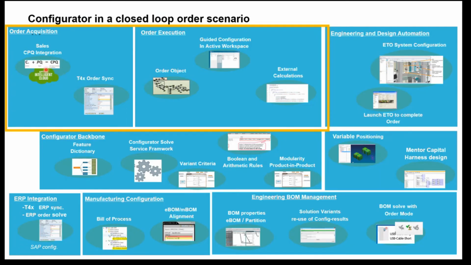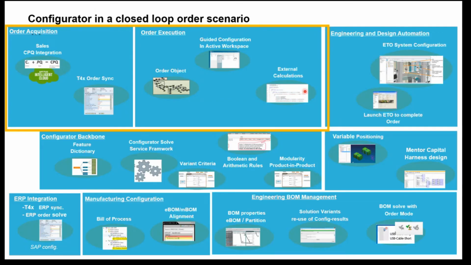CPQ is configure, price, quote system, where the sales guy will use this system. Then once the CPQ order is sent to Teamcenter, Teamcenter can work on that order and can configure the product.